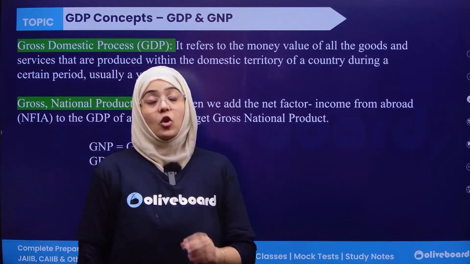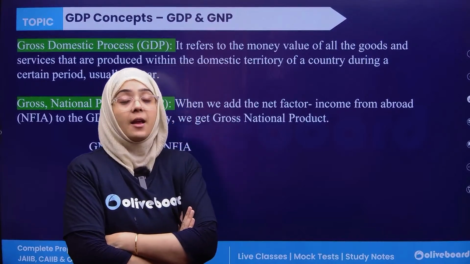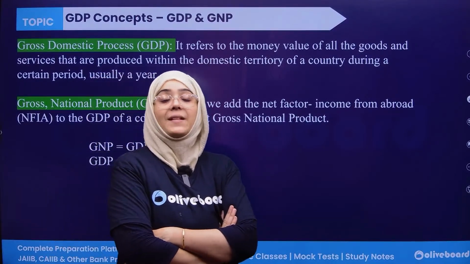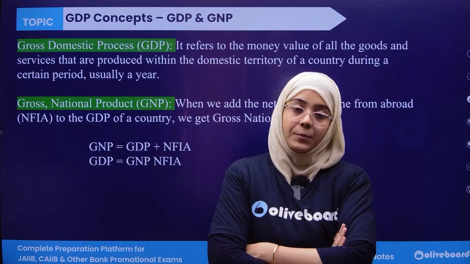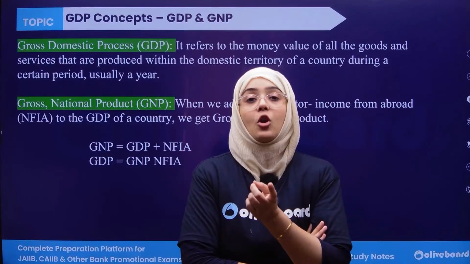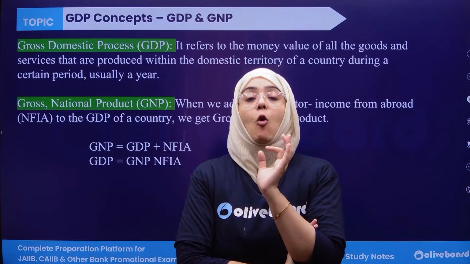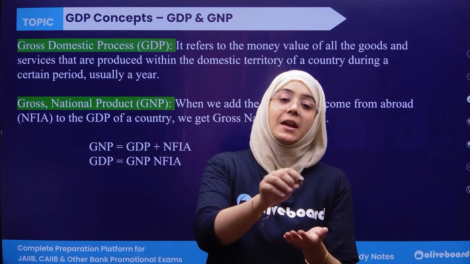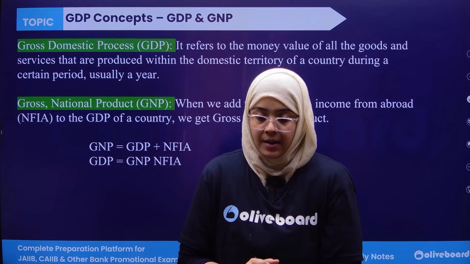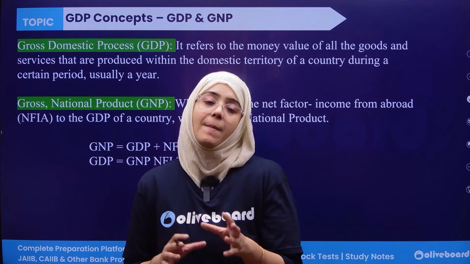First, when we are talking about GDP, gross domestic product. Gross domestic product means in our domestic boundary, the value of all final goods and services that has been produced in a domestic boundary, that can be either by Indian or by foreigner.